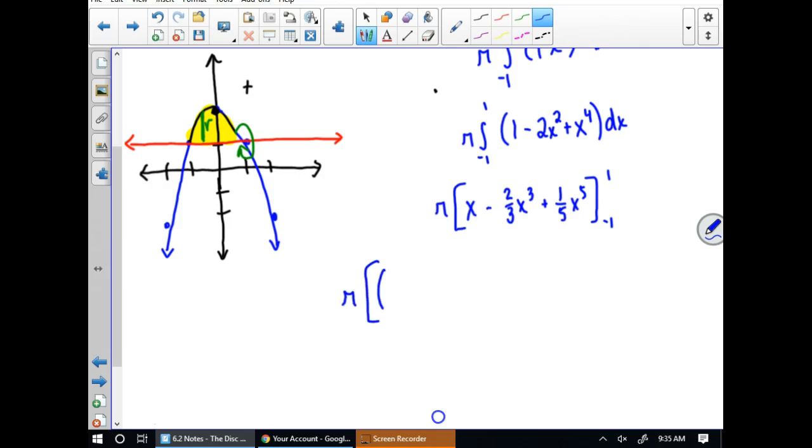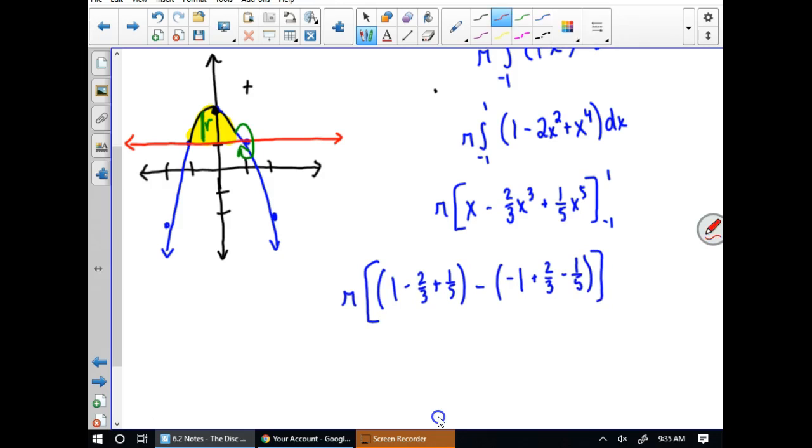So we will have 1 minus 2/3 plus 1/5 whenever we plug in 1, and then we'll have -1 plus 2/3 minus 1/5 whenever we plug in the -1.